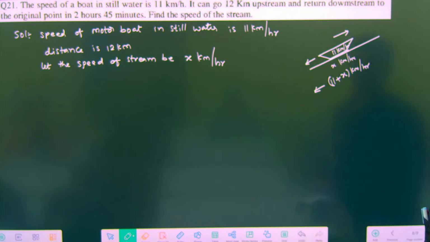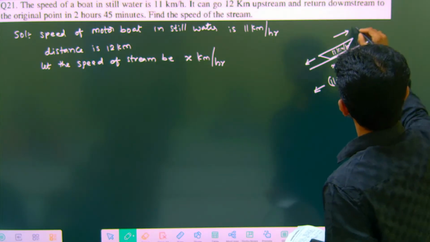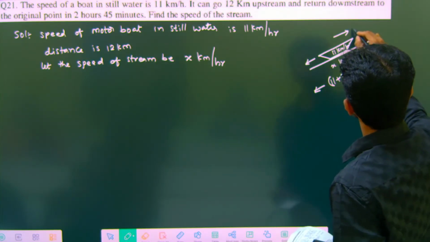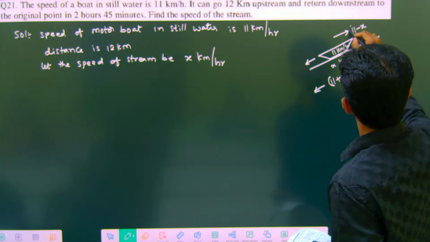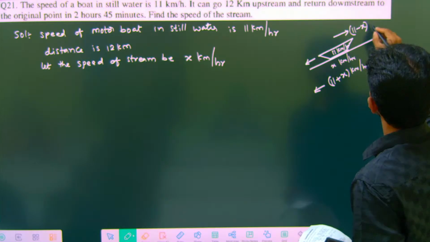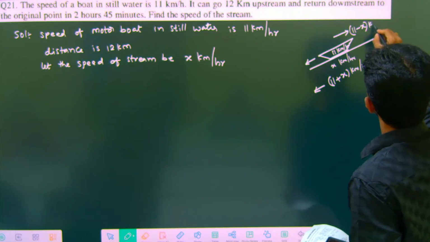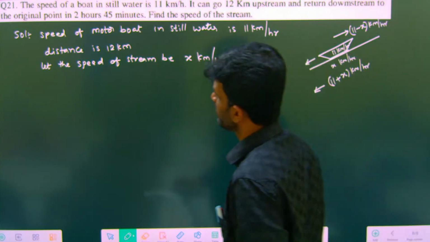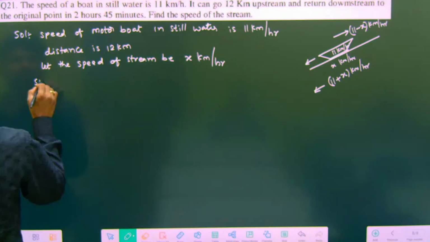In upstream what happens? Speed of the stream will be subtracted. So here boat speed 11 minus x, because speed of the stream should be subtracted from speed of the boat in upstream. So this is speed of the boat in upstream.